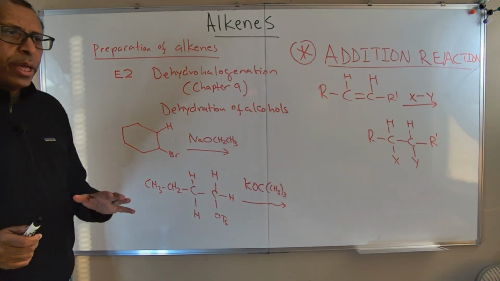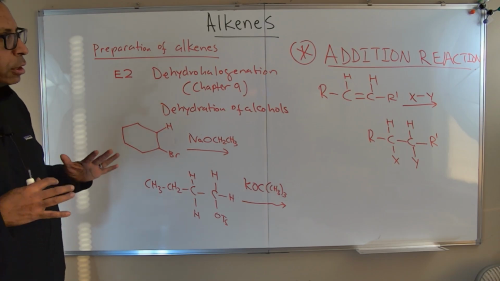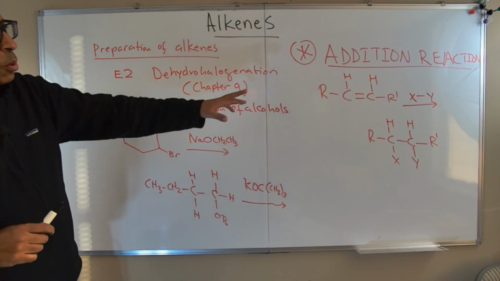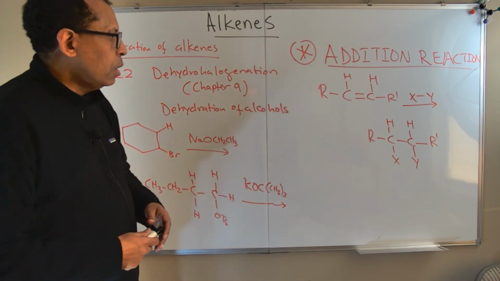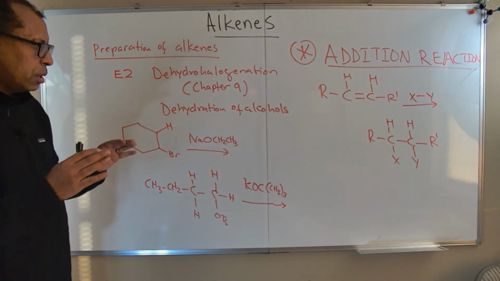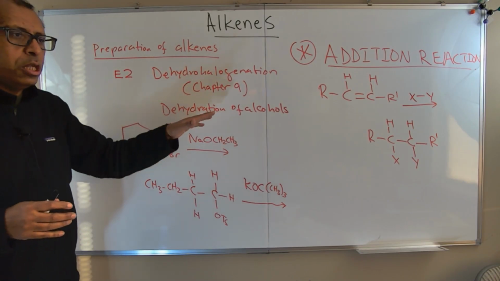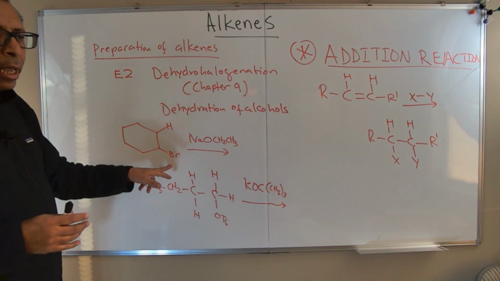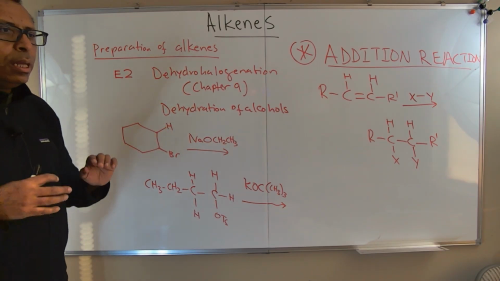Okay, now we are going to the main portion of alkenes: their reactions, how they are made, but most importantly, how they can be transformed into different chemical compounds. If you remember, in chapter 9 we covered dehydrohalogenation. That means we eliminate an alkyl halide and one of the beta hydrogens to make an alkene.